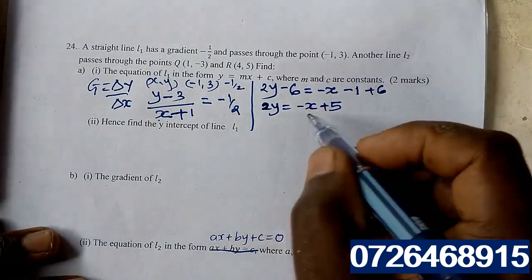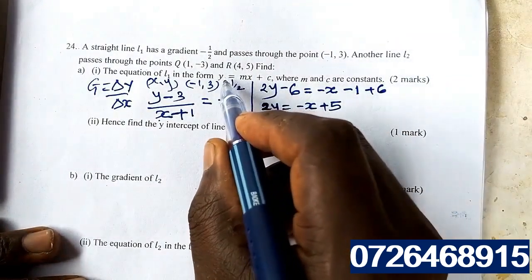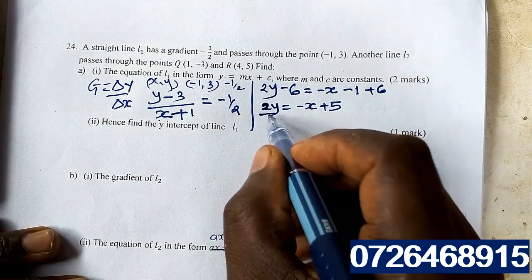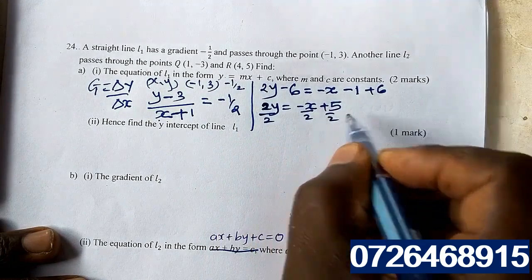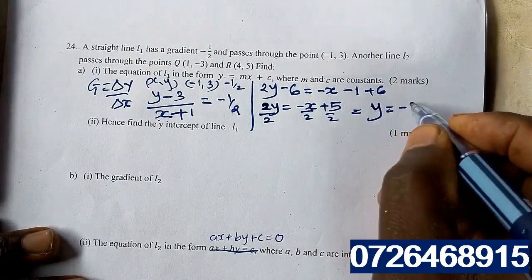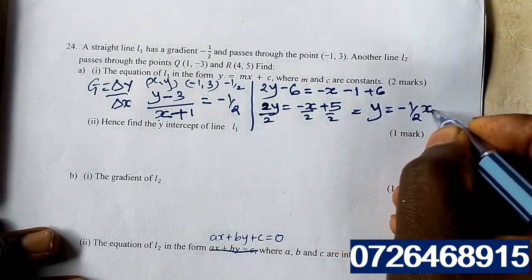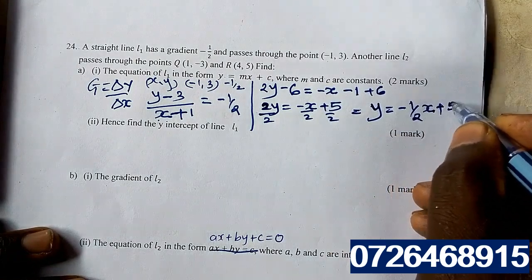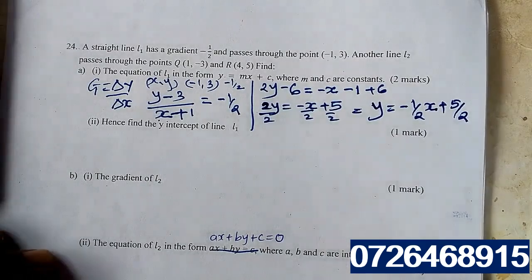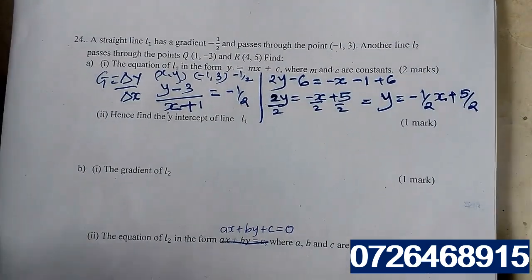Then we were told y is equal to mx plus c, so we want y to remain on the left side. So you divide every term by 2. So our final equation will be y is equal to -1/2x plus 5/2. That is the final equation of line 1.